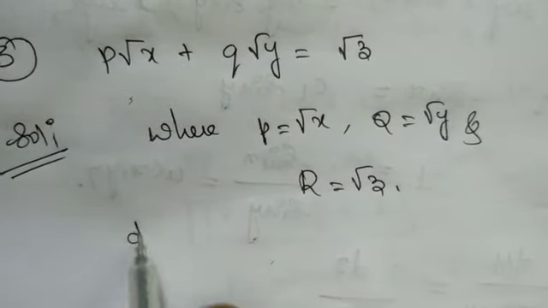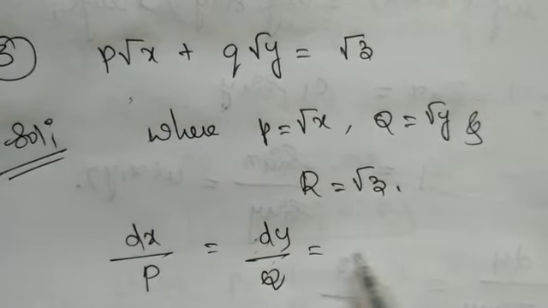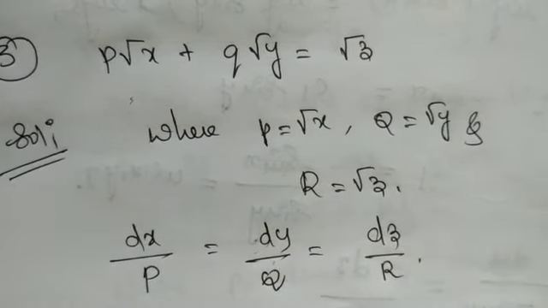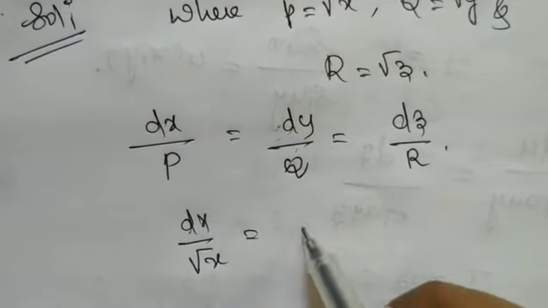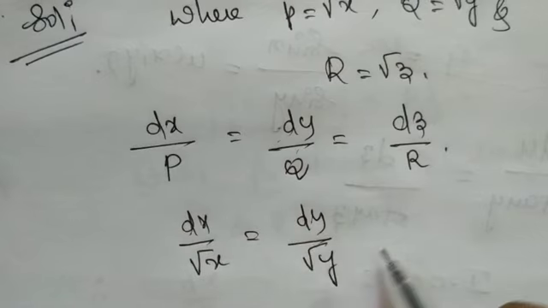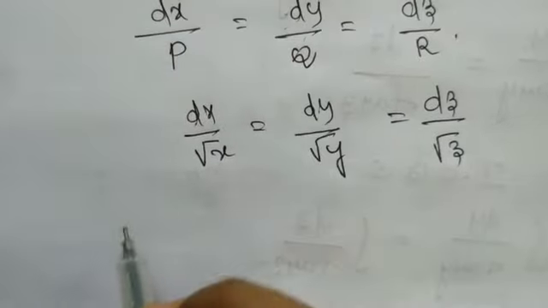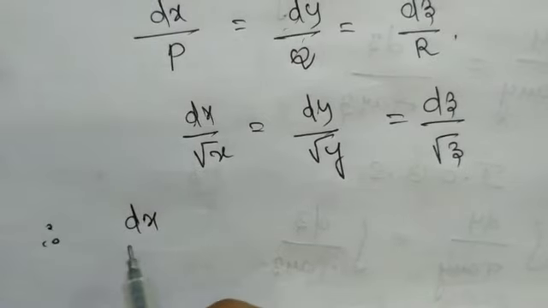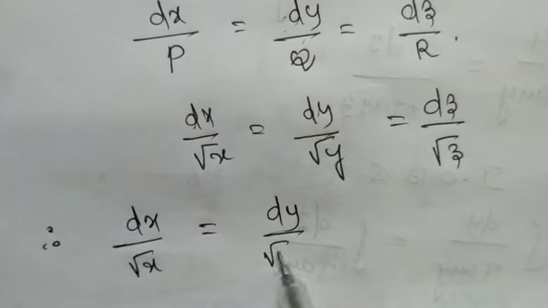Then the subsidiary equation dx by P equal to dy by Q equal to dz by R, so dx by root x equal to dy by root y equal to dz by root z. Here I am taking two subsidiary equations, dx by root x equal to dy by root y.